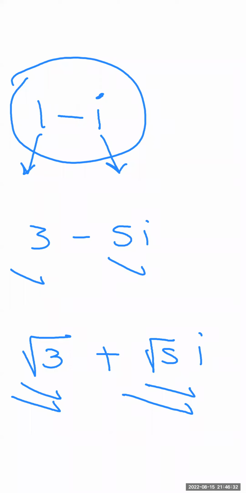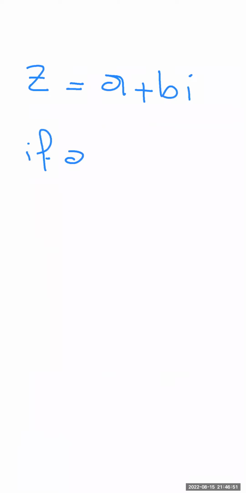Okay, now guys, concentrate well. Consider the complex number Z equals A plus BI. If A equals 0, this means the complex number equals BI.